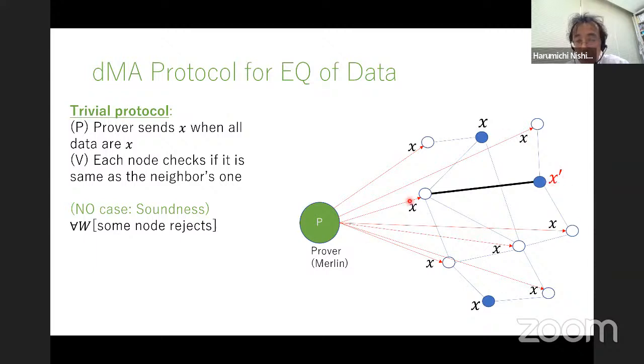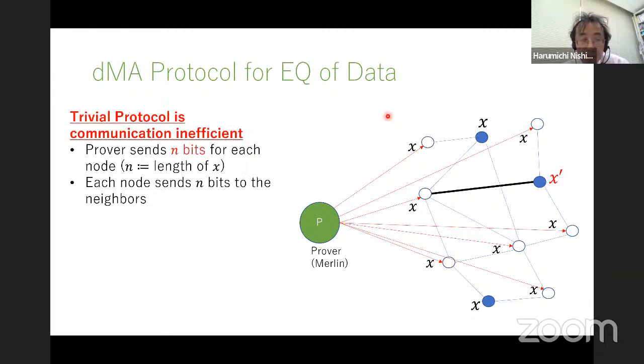In this case, the prover sends X, but this edge has different data, so in the checking stage, these two nodes alert and reject. Even with any other message, some edge has different data, so some node rejects in the no case. This is a very trivial protocol for our problem.